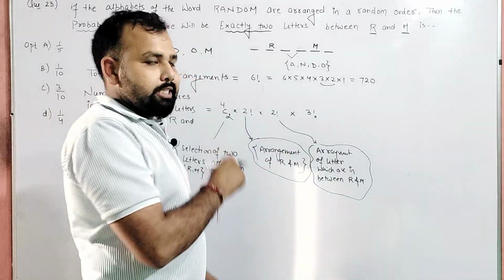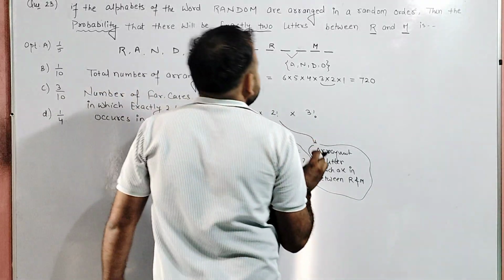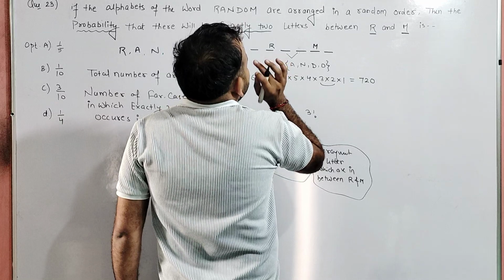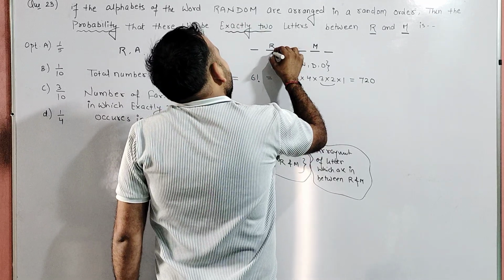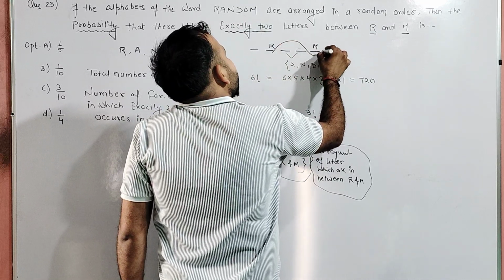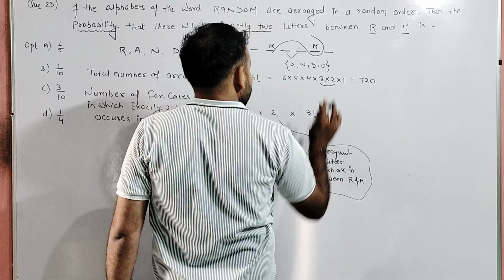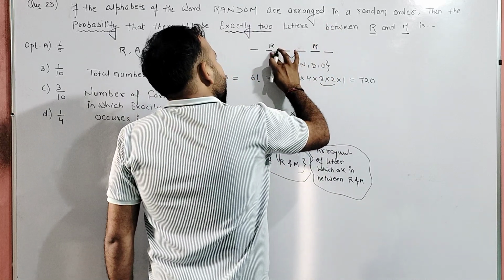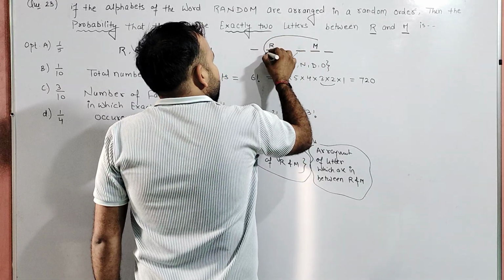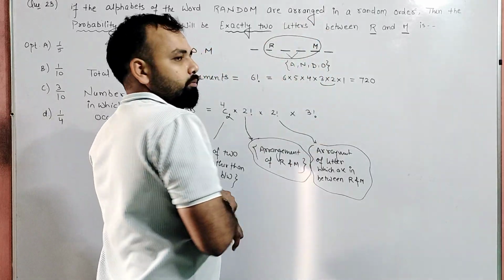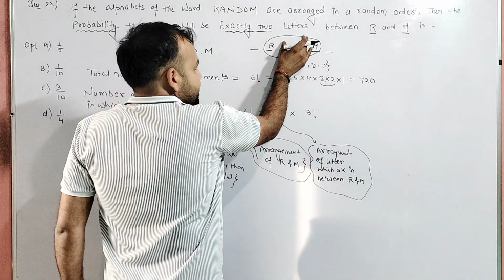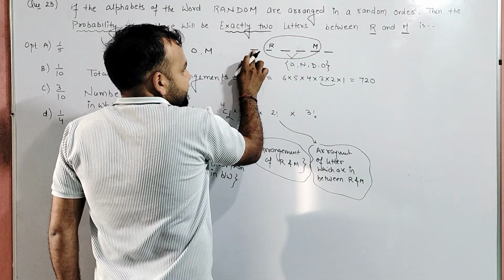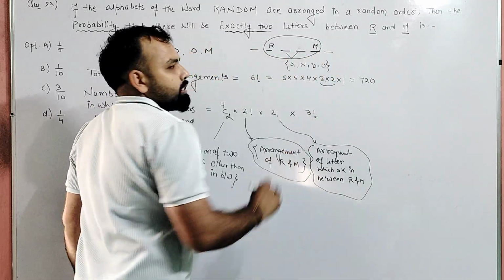Why 3 factorial? Student, you can see that if we make this as one bundle, then one thing is this one, second thing is this one, third is this one.